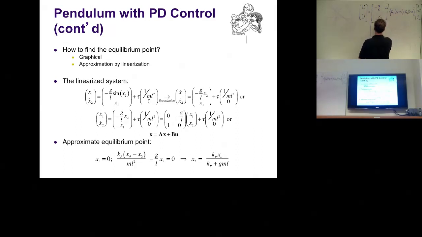I should make it 0, minus G over L, and here I get a 1, 0, and my state vector is going to be x1 and x2. Okay?